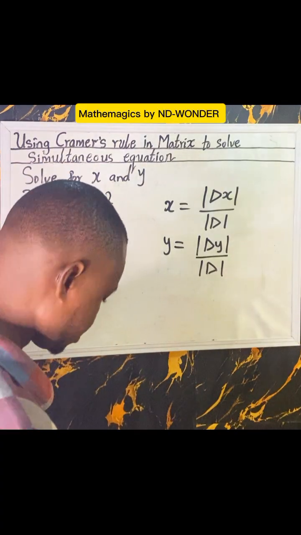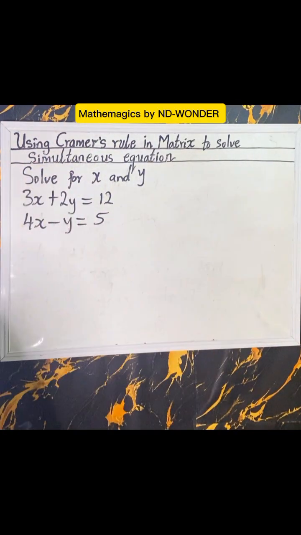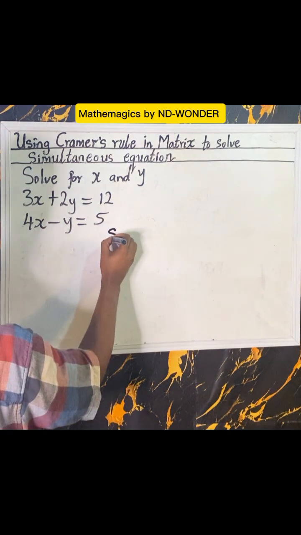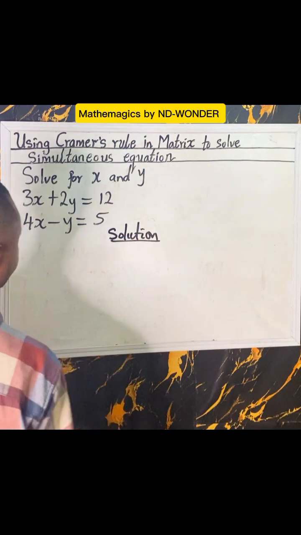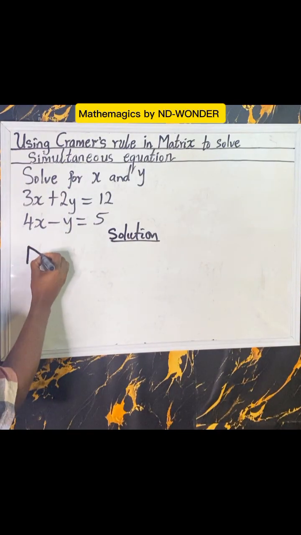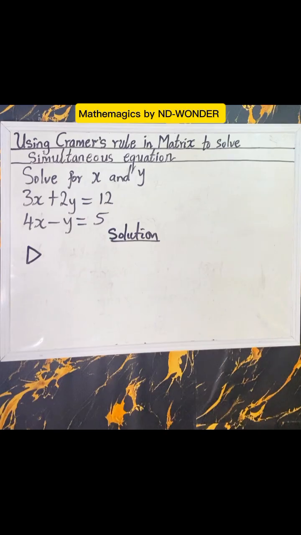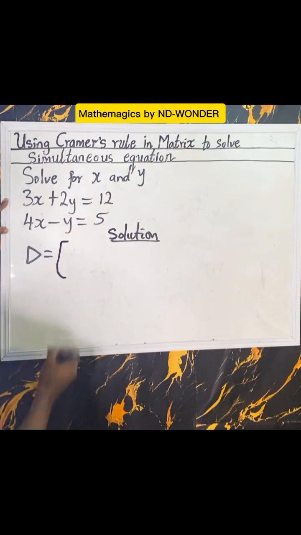Here we go. The very first thing we need to do is to write out the change. How do you get the change in this equation? You must look out for the coefficients of the variables.